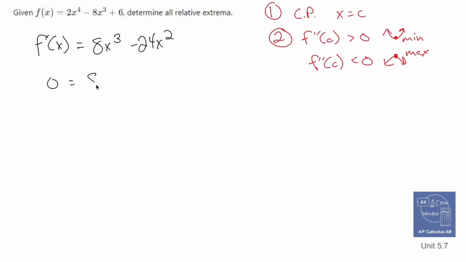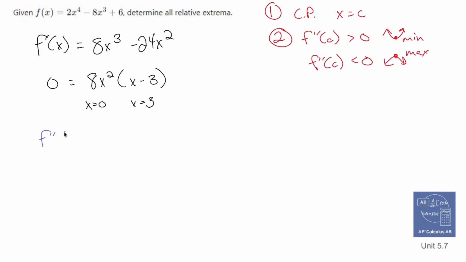Let's factor out an 8x squared, and that leaves me with x minus 3. Now, multiplicity of 2 scares me a little bit, but I still get x equals 0, and I get x equals 3.